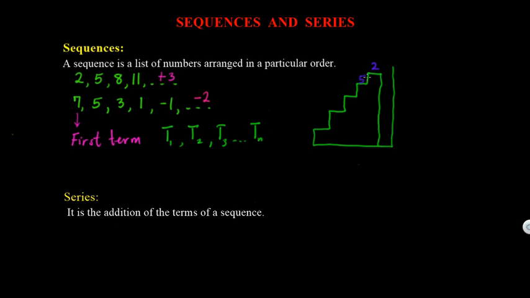And if you add the number you added to 2 to give us 5, to 5 again, you get another value, 8. The number you added to 5 to give you 8, if you add it to 8, you get another value, 11. So you can now determine the next because of the pattern this number follows. That is what we call a sequence.